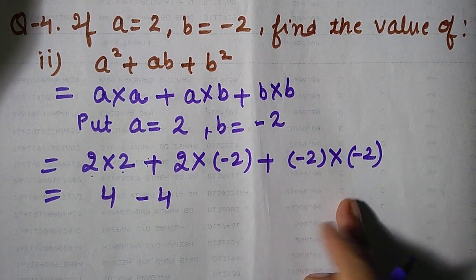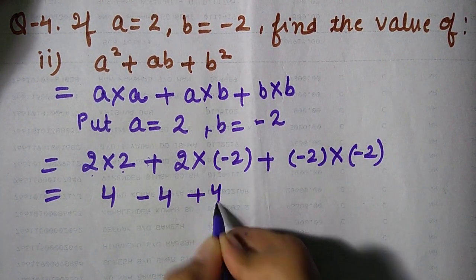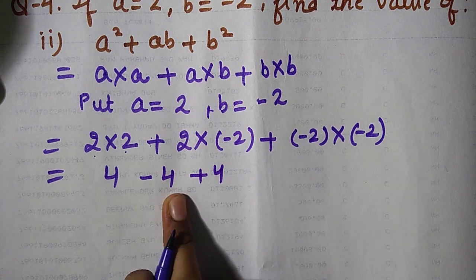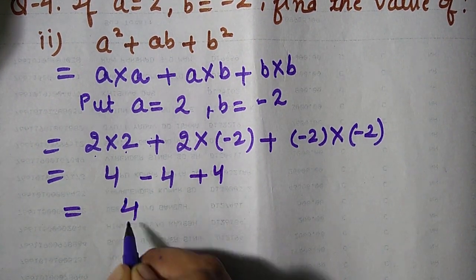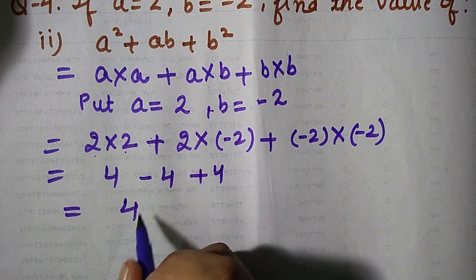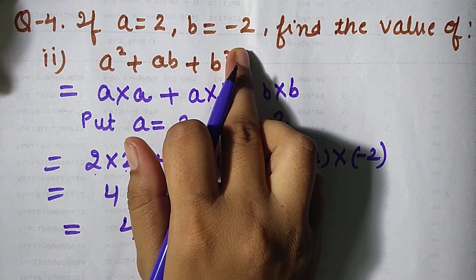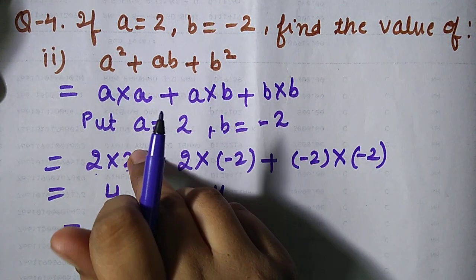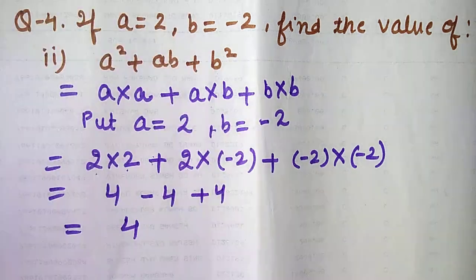Minus 2 into minus 2 is plus 4. Okay, now 4 minus 4 is 0 and 0 plus 4 is 4. So this is the value of the given expression when a equals 2 and b equals minus 2. Okay, so I just put in the values and solved the numerical expression given.